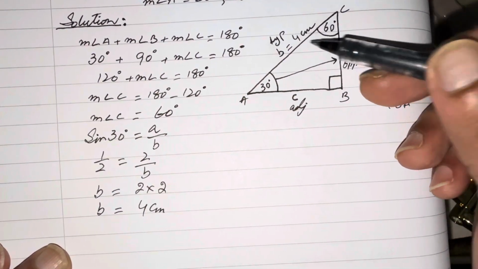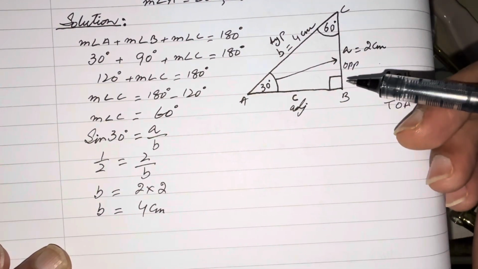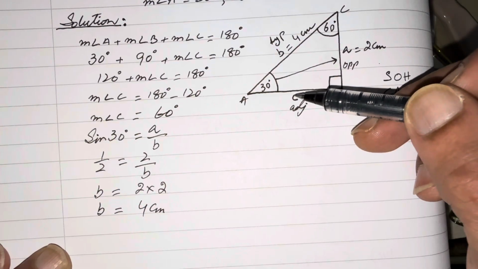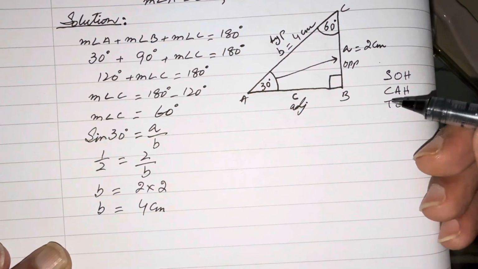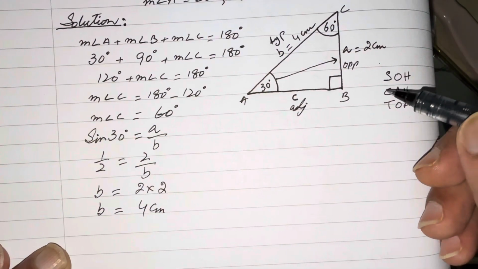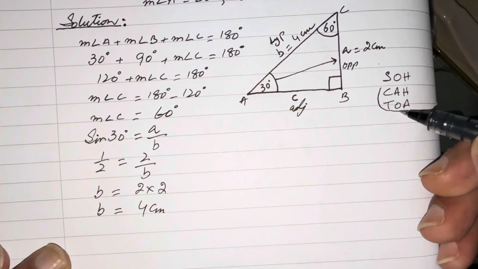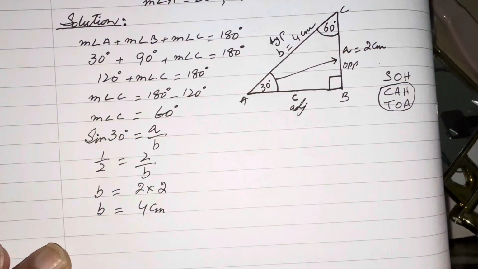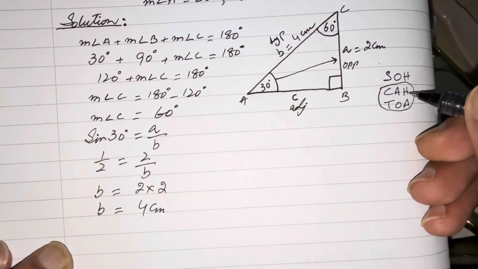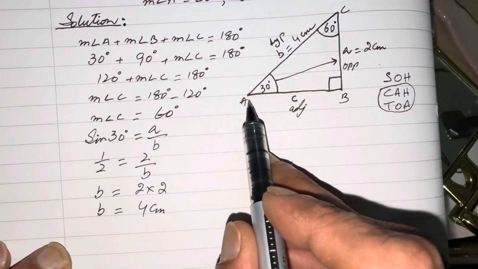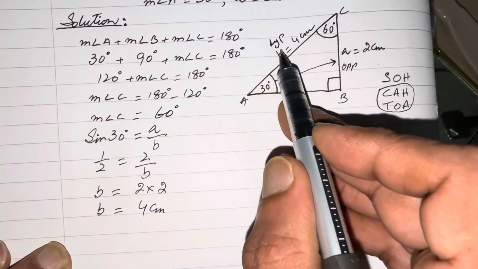So now we have the lengths of two sides, so we can easily find the third side length. For the third side, we can use either of these two ratios. Cos is equal to adjacent over hypotenuse. The adjacent side is this one and the hypotenuse is this one.